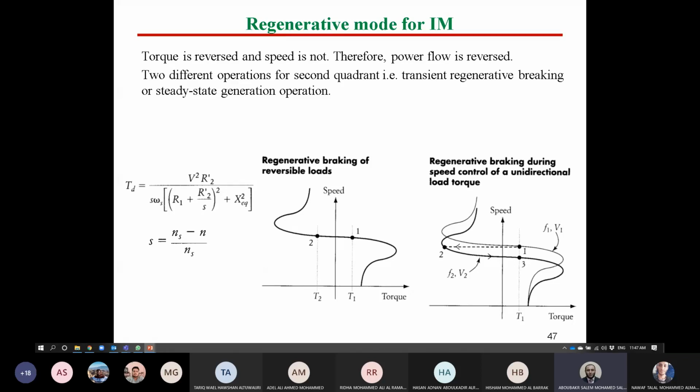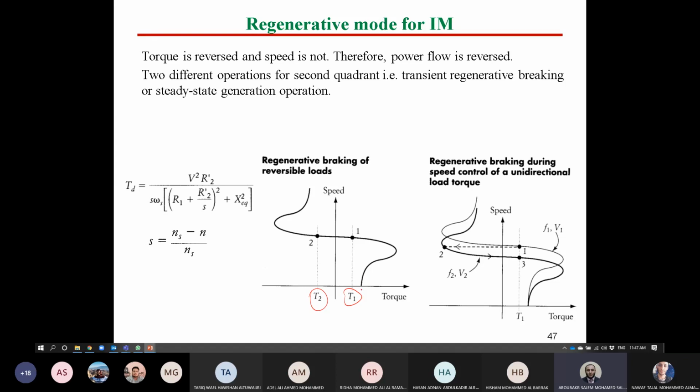However, if the load is unidirectional, not active, we can also have a part of regenerative braking in speed control only. How? Let's see together. Here in this example, we have an active load torque, which means the load torque itself can be reversed, can be positive or negative, like the example of the trolley bus.